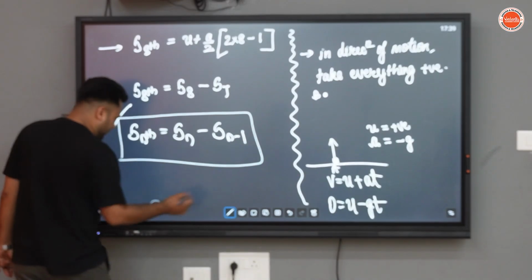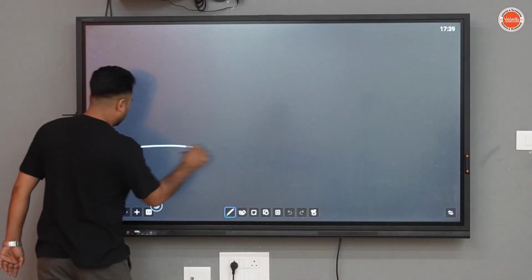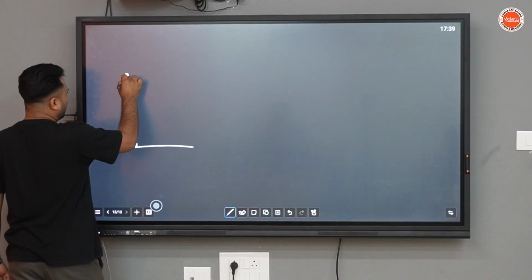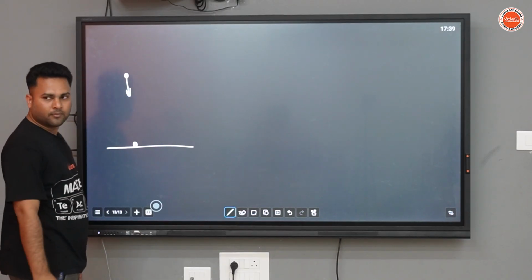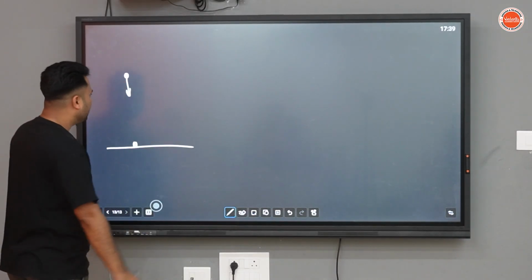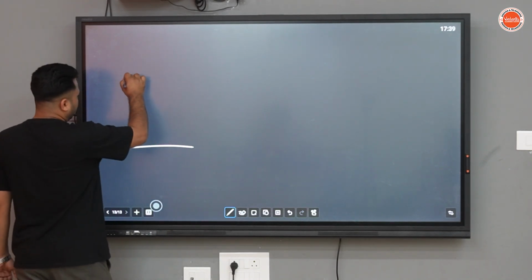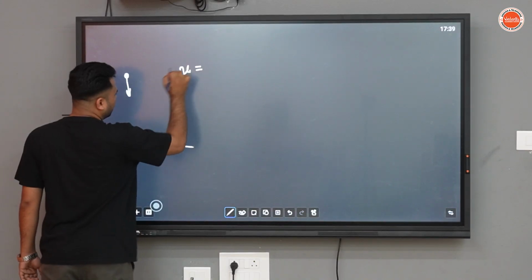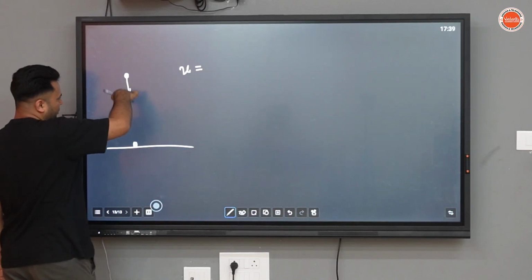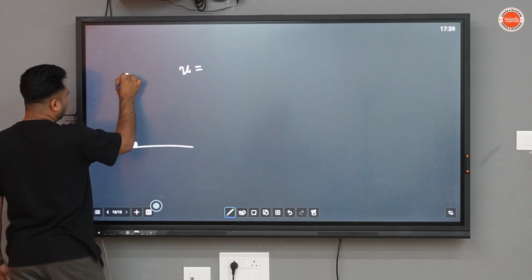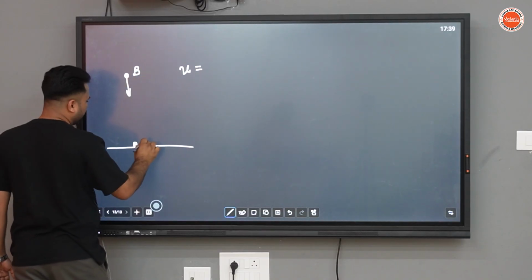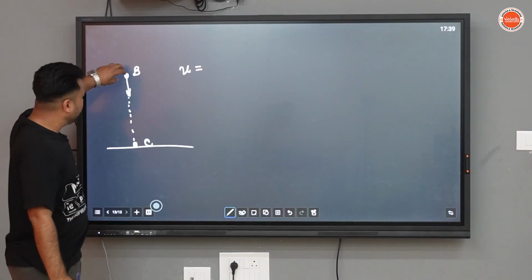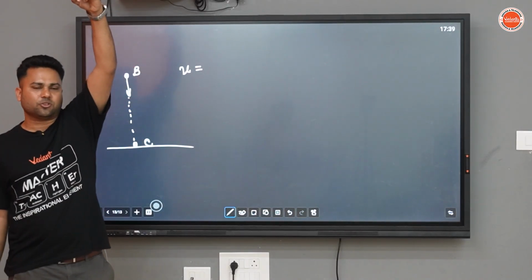And suppose in the same question, the ball goes to the maximum height. Now it is coming down. So direction of motion is down. If I talk about this journey from B to C, initial speed is what? 0, because the ball stopped for a moment, na?